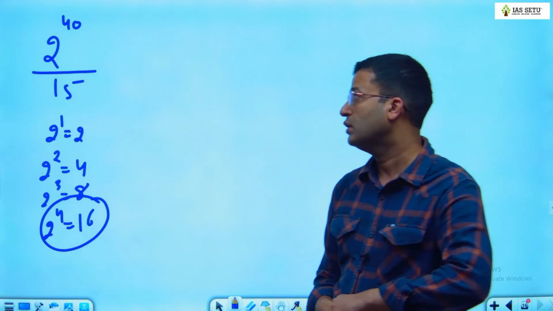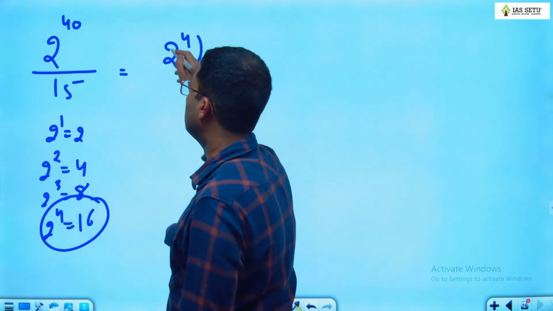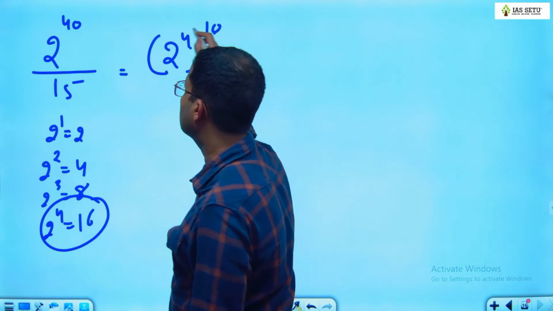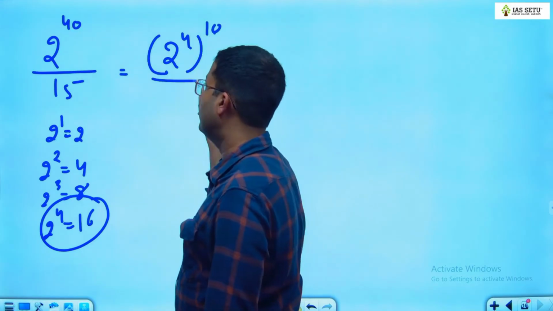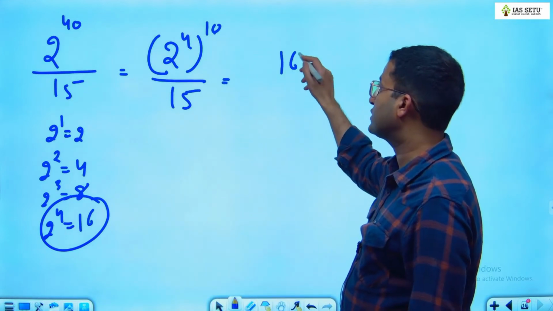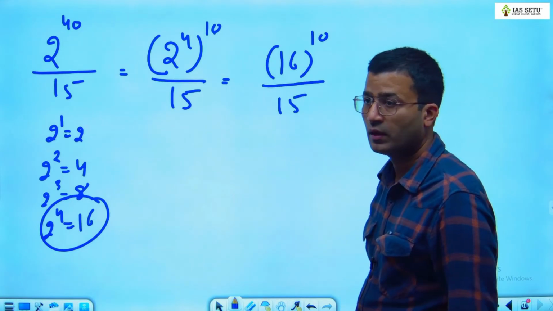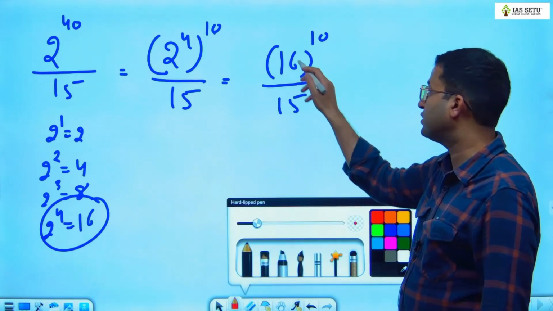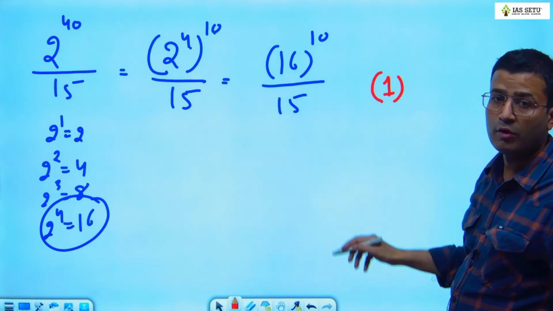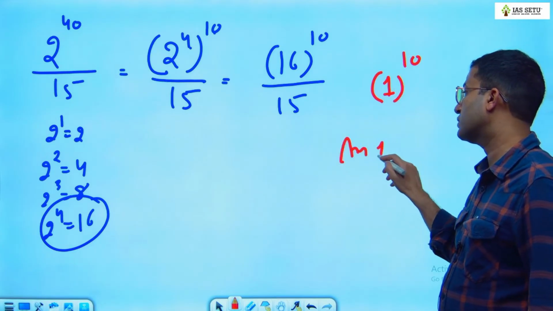That is our concept. So it is 2 to the power 4. If total power is 40, then it will be 10, because 4 into 10 is 40. So now 16 to the power 10 divided by 15. Every 16 with respect to 15 gives remainder 1. How many times? 10 times. So our answer is 1.